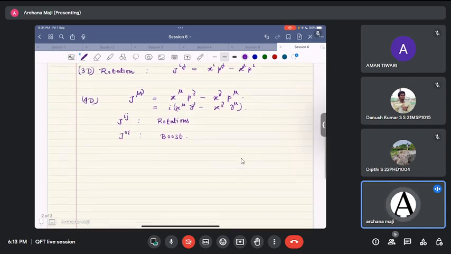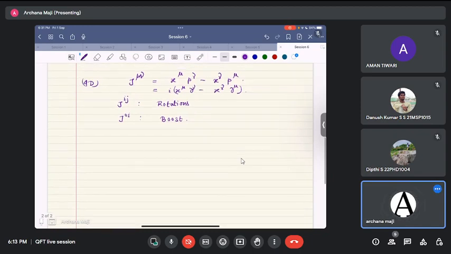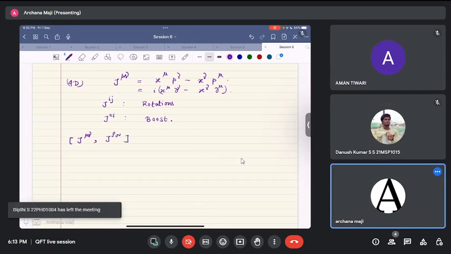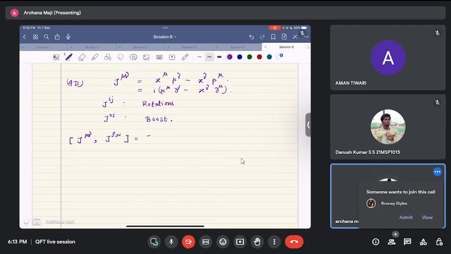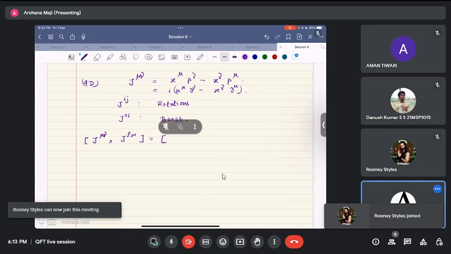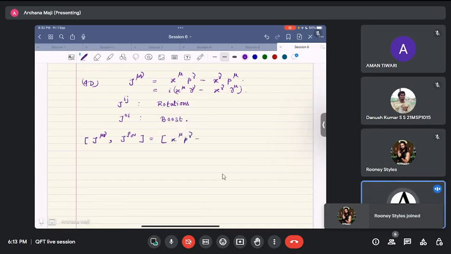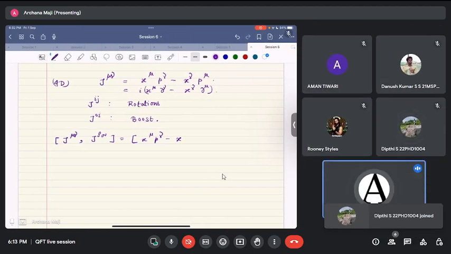Now we can figure out what is the Lie algebra satisfied by these generators. So we need to compute this commutator. You can substitute that operator here, and you know the commutation relation between x and p.